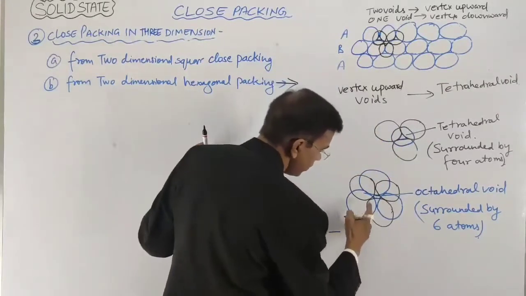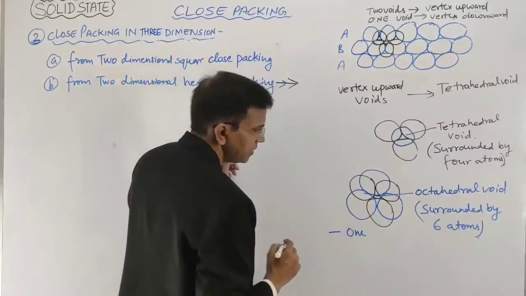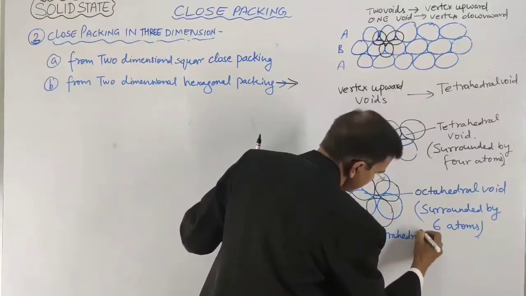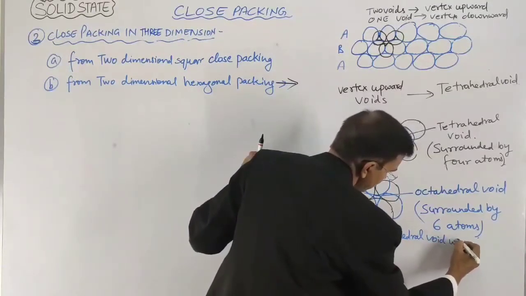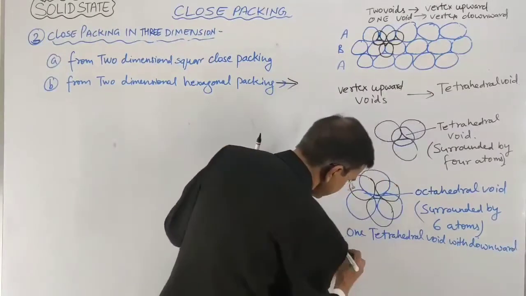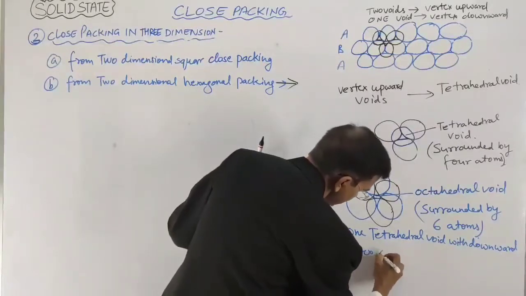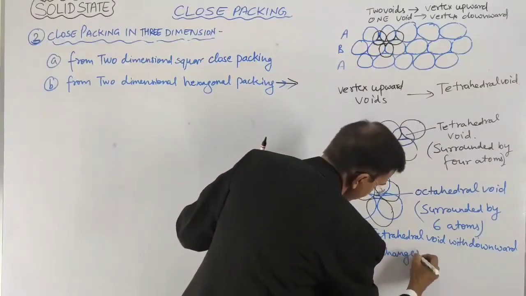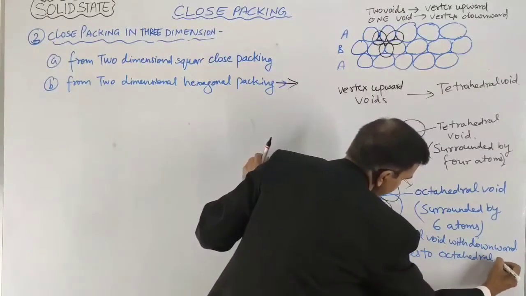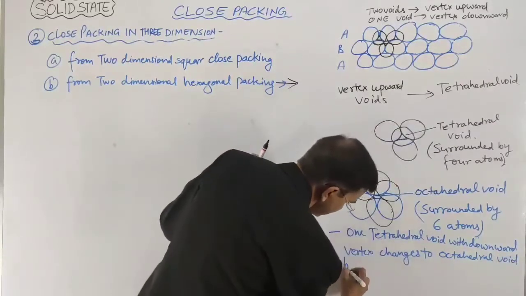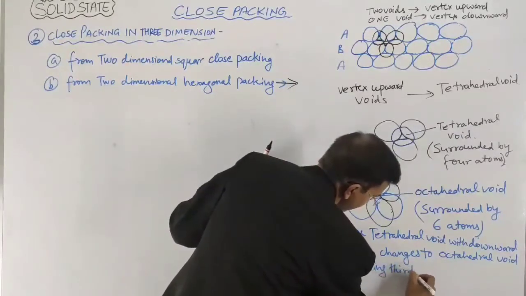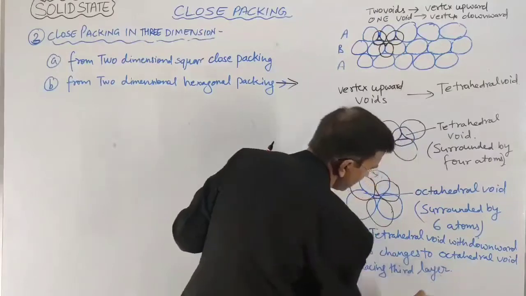So one tetrahedral void with downward vertex changes to an octahedral void by placing the third layer, right?